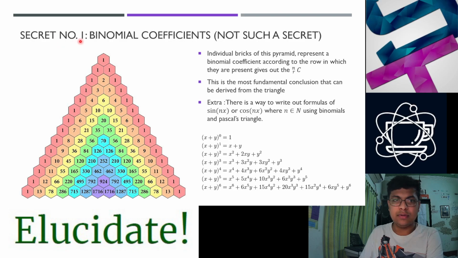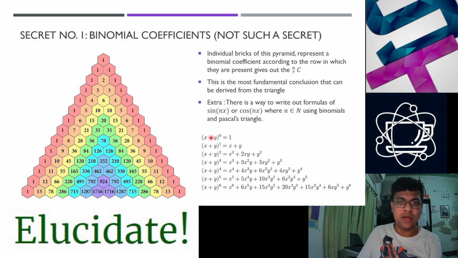This is not a big secret, but we can derive the binomial coefficients from Pascal's triangle, and this is the thing about which many of us know. The individual bricks of this triangle represent a binomial coefficient according to the row in which they are present, and we normally call it the combination, nCr. Here I have written the expansions.